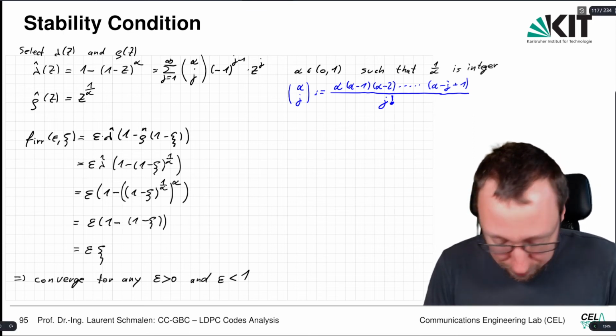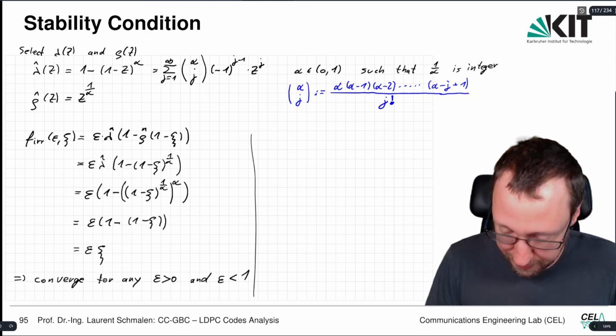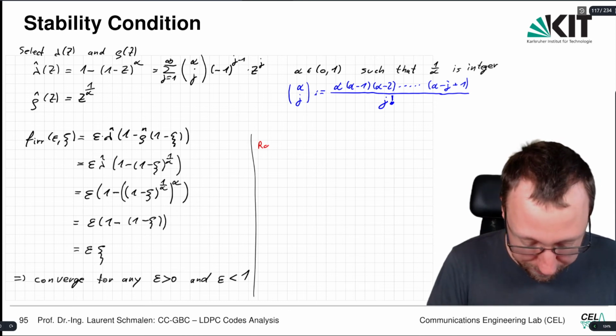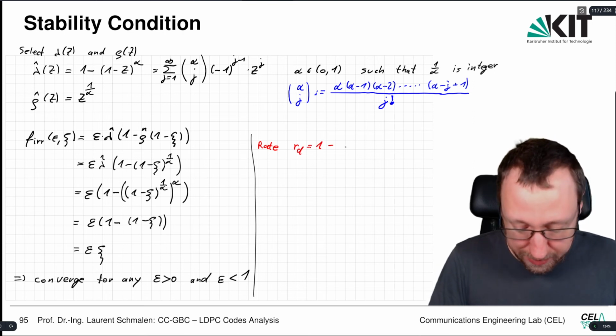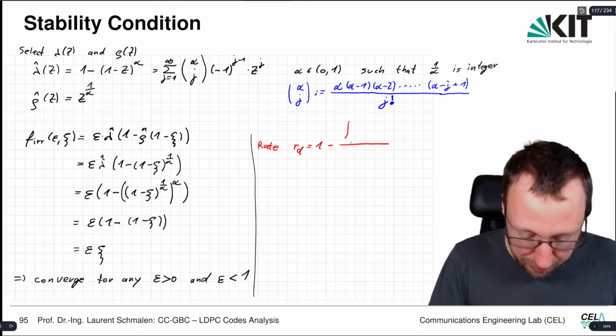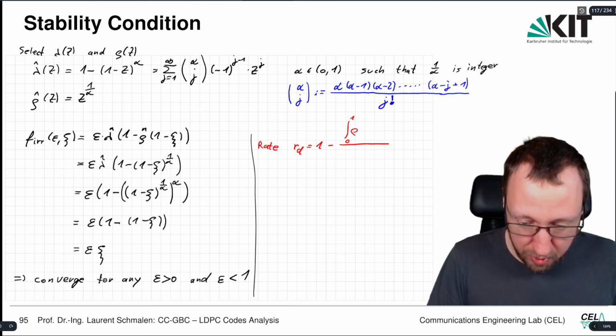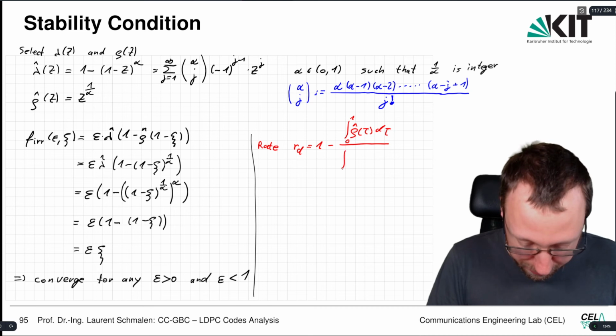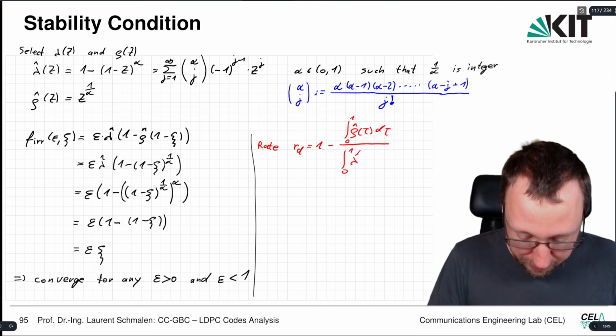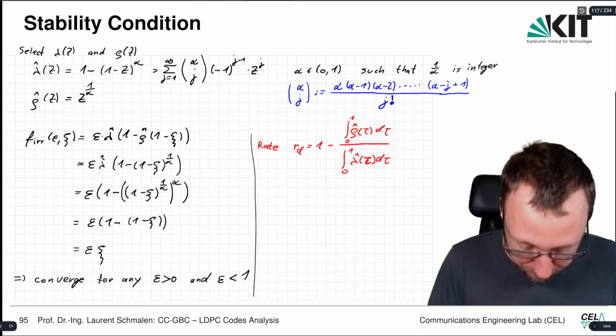So what is the rate of the code? So let's calculate the rate. So the design rate R_D is equal to 1 minus the integral from 0 to 1 of rho hat of tau d tau, divided by the integral of lambda tau d tau.